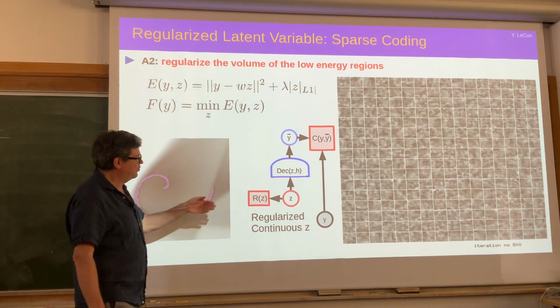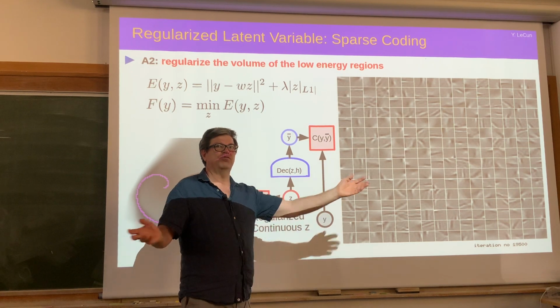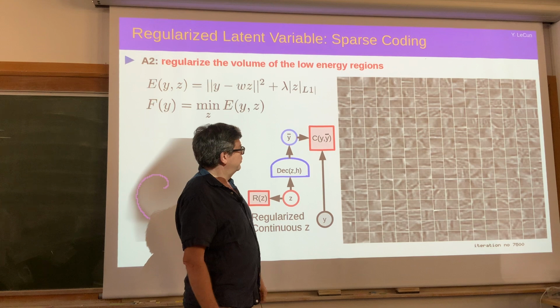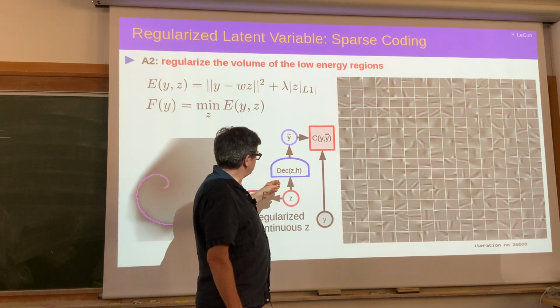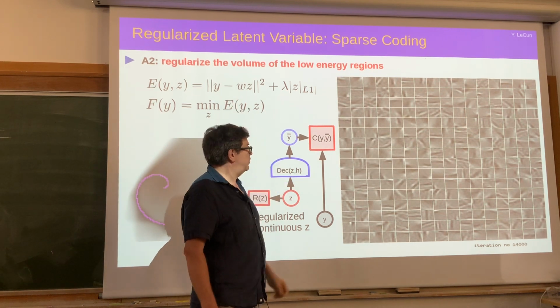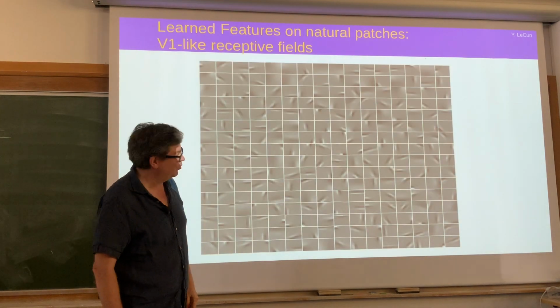So if you train a system like this on natural image patches, so the Ys are just a bunch of patches from natural images, this is the learning algorithm running, and each of those squares is a column of the W matrix. Okay, so basically what this does is, in the end, I'll show you the stable state.